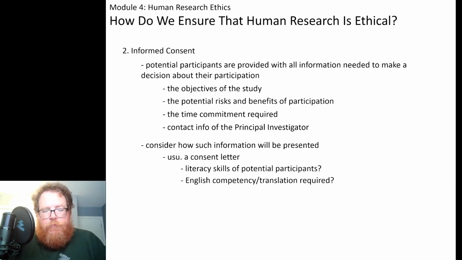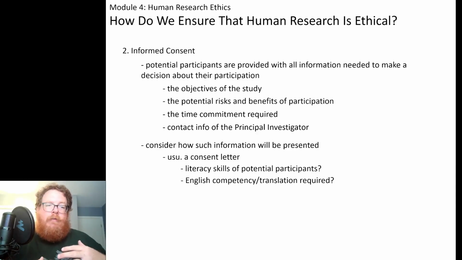You do have to think, for example, about the literacy skills of your potential participant, right? Because if I am giving people a consent letter to read, are they going to be able to actually read and fully understand the information that's presented? Maybe I'm working with a group of people who have cognitive or communication issues, as we talked about on the previous slide.